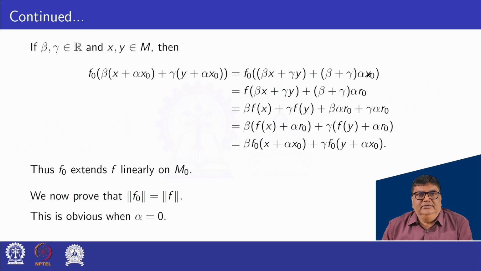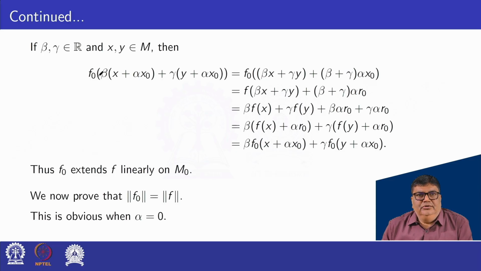So this can be written as f0 of beta x plus gamma y plus beta alpha x0 plus gamma alpha x0. Here alpha x0 is common, so we can write beta plus gamma into alpha x0.